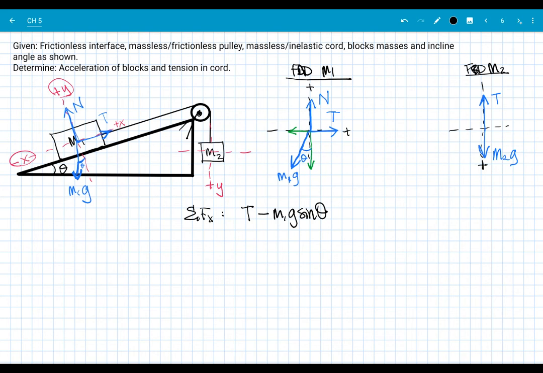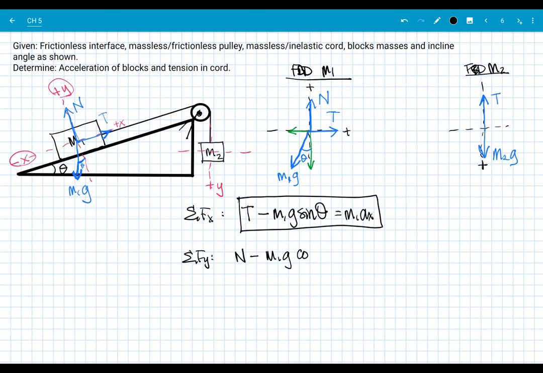That's equal to M1 times A sub X, the acceleration in the X direction. Now I'm going to sum my Y forces, with upwards positive: N minus the Y component of the weight, M1G cosine theta, equals M1 times AY.